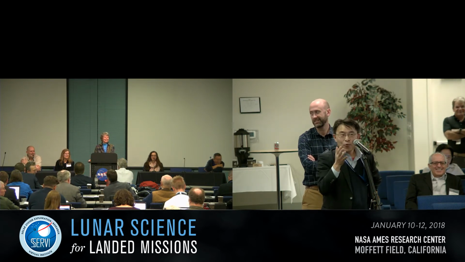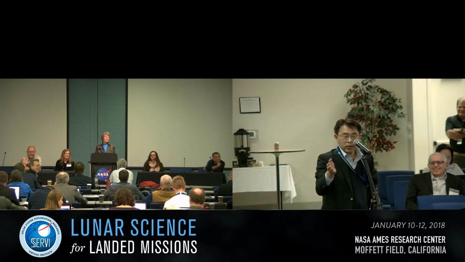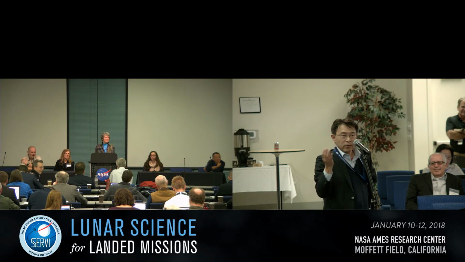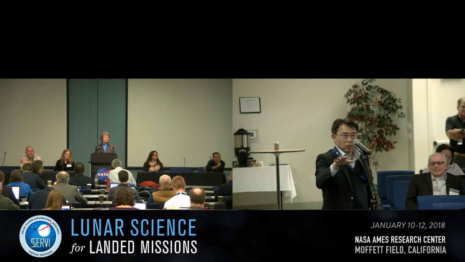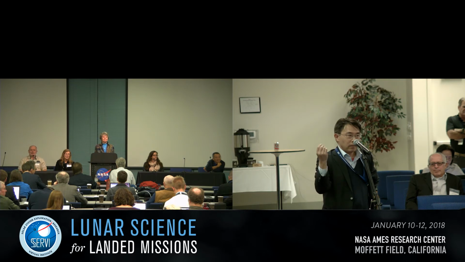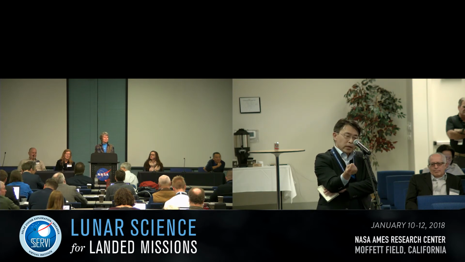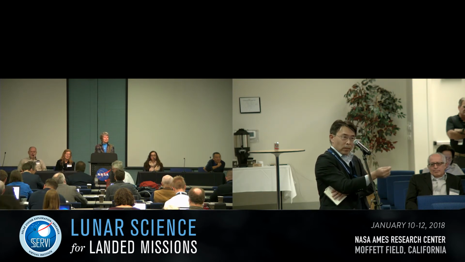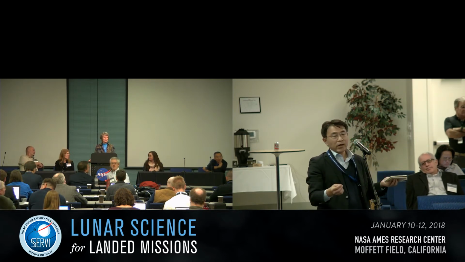Thank you very much. We are now very interested in exploring the water molecule on the polar region. One reason for scientists is that if we find the water molecule on the polar region, then we can say something about the delivery system of comets. Why do you think so? Because if the molecule migrated from another place, then mass differentiation occurred.